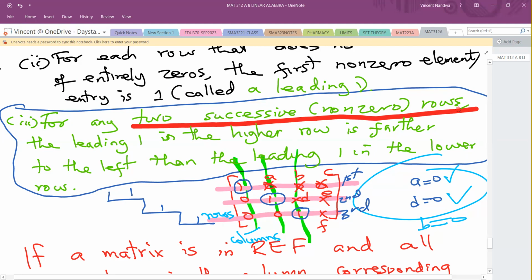In fact, you can just say the leading one in the higher row is to the left of the leading one in the lower row.